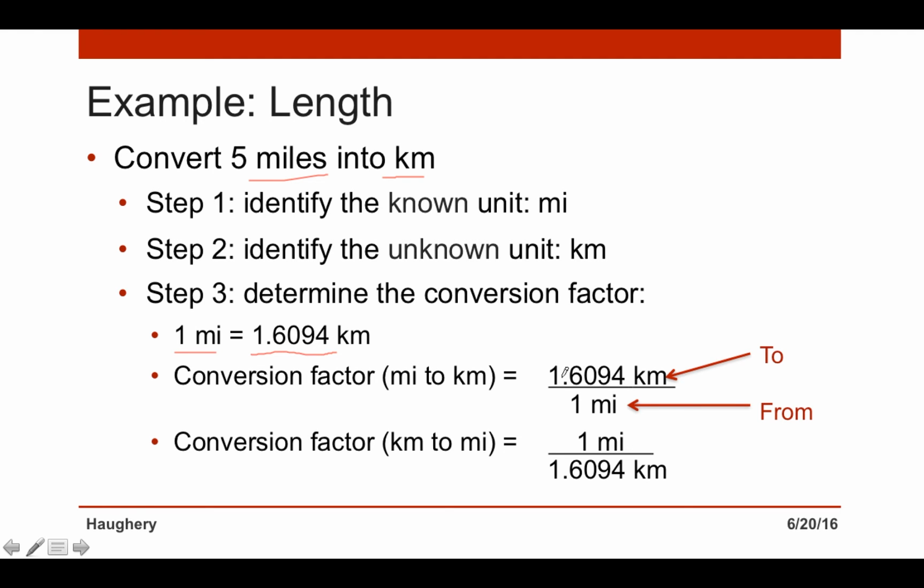We're going to get practice in putting these in fractional orientation. So we either have kilometers over miles or miles over kilometers, and we'll get to how we determine that in a minute. But that's our unit conversion.